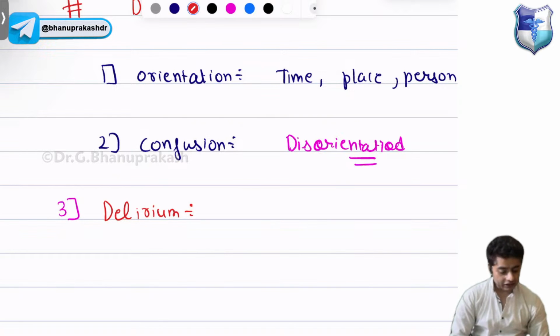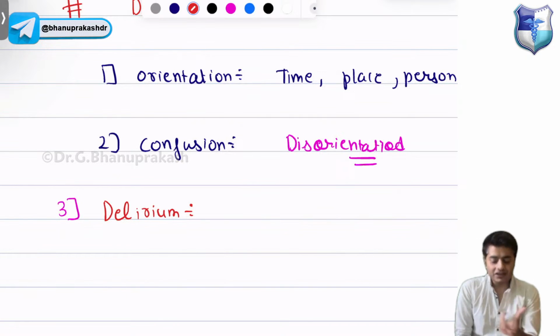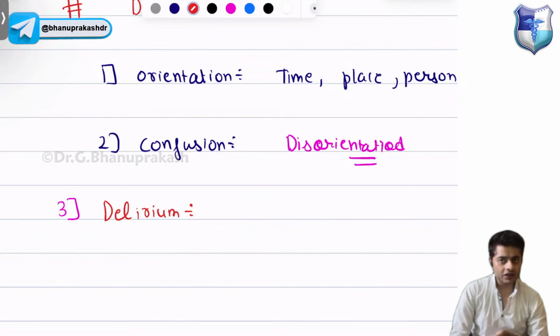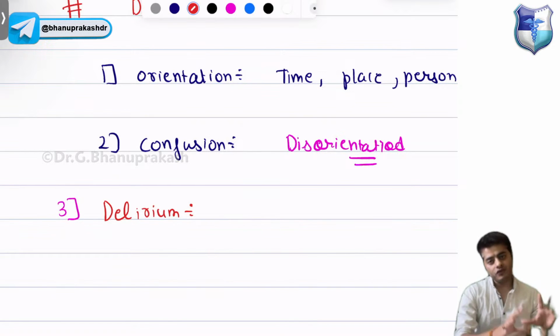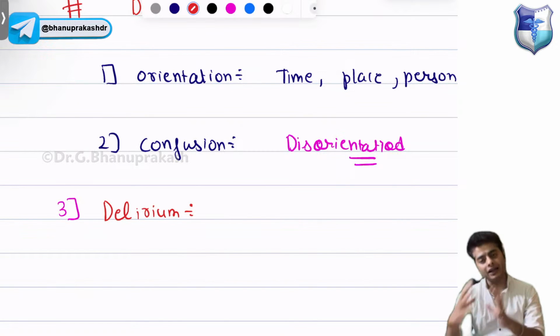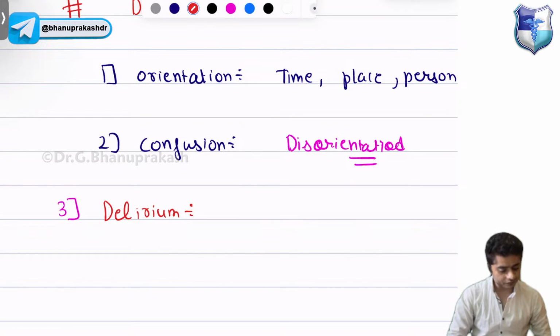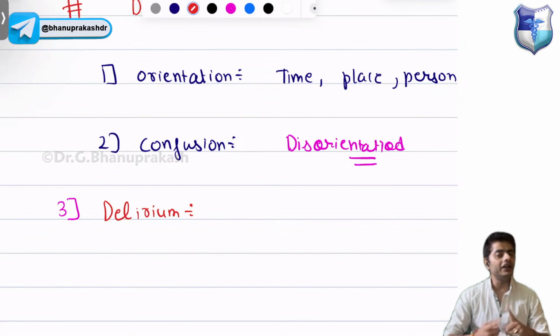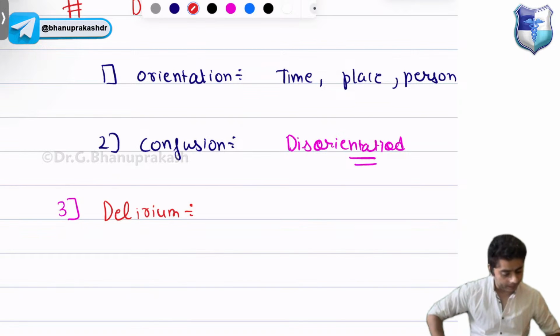No, no, Naveen. Disoriented with place, so that is confusion. See, orientation is time, place, person. Confusion is disoriented. So are delirium and confusion the same, or is there some difference between them?